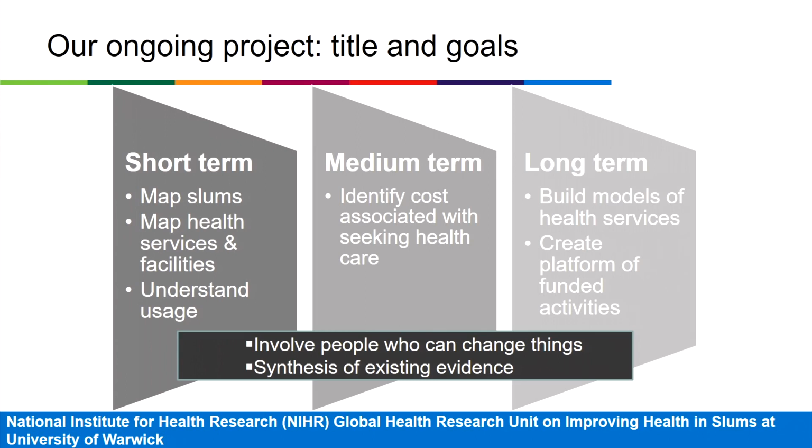Across these goals, we are involving people who can change things, like politicians, slum residents, and the OSM community. We are also collating existing evidence to inform this. The project is a 4-year project costing around £6 million.